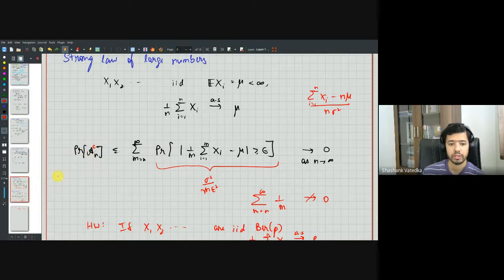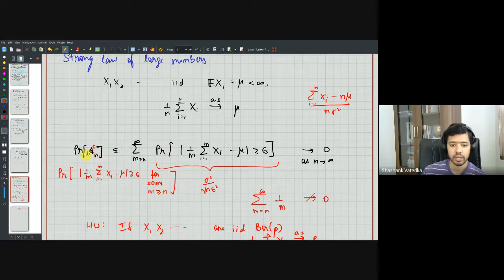So the probability of an complement is basically the probability that 1 over m summation i going from 1 through m xi minus mu is greater than or equal to epsilon for some m which is greater than or equal to n.